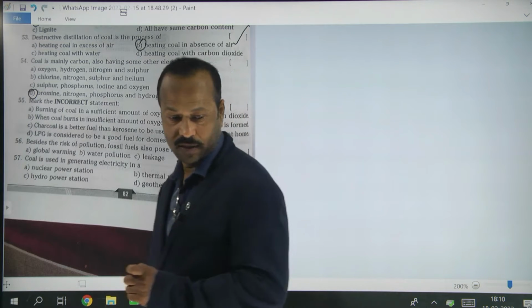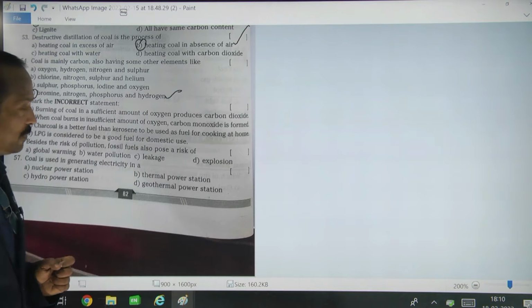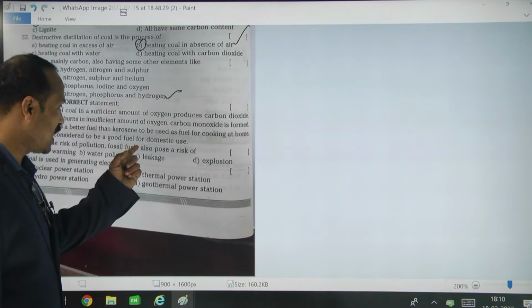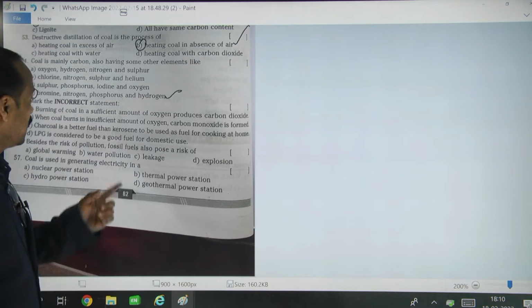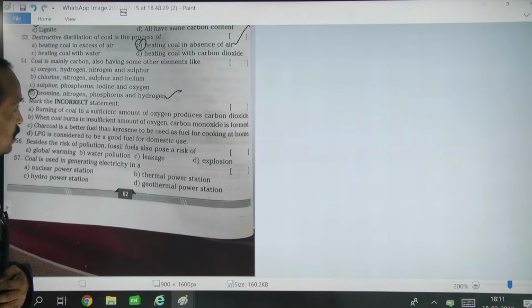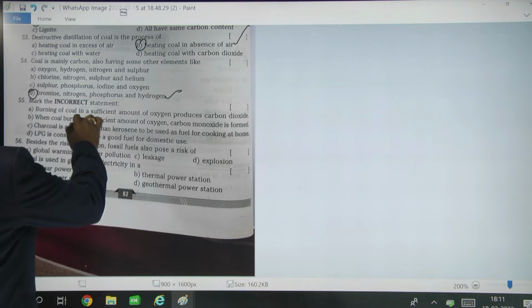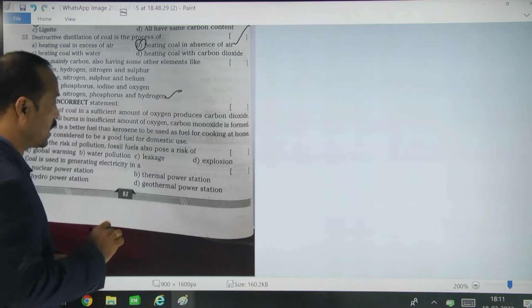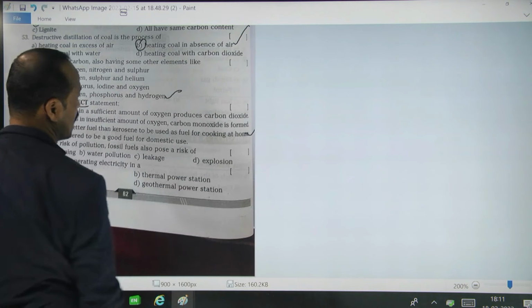LPG means liquefied petroleum gas, the gas we use at home. Is statement D correct or wrong? So first, second and D are correct. Here they are asking for the incorrect one, so the answer is C. Clear?